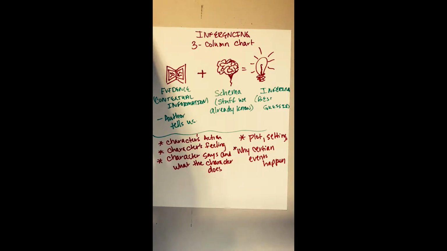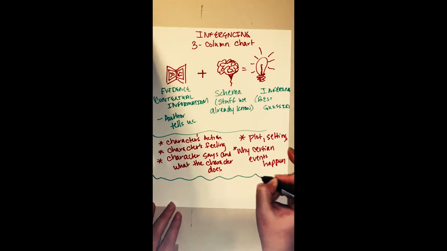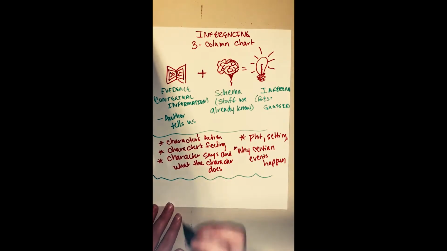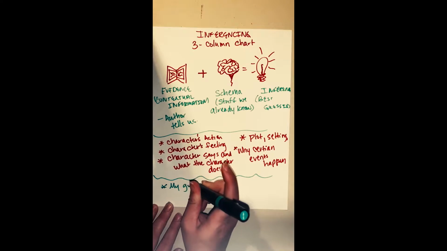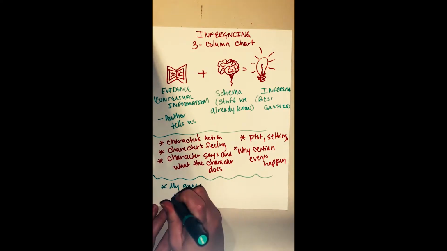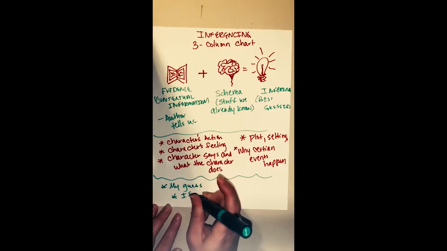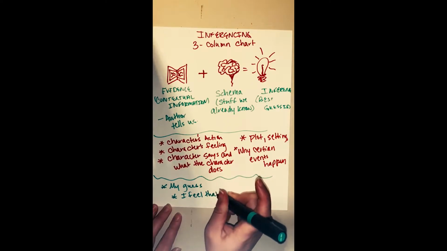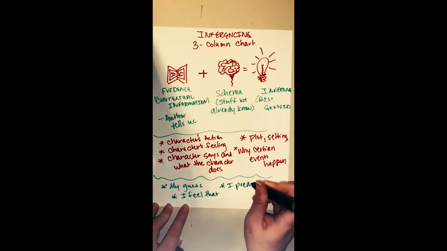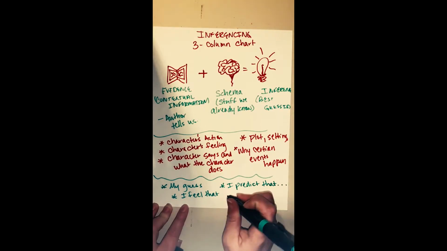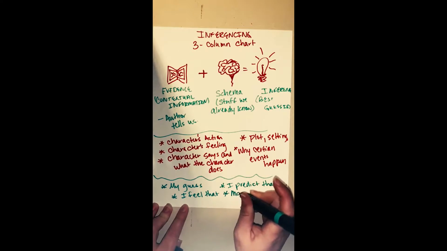When we start talking about how we phrase these inferences, what does it look like? We are looking for our thinking stems. And our thinking stems are going to be things like my guess is, or I feel that, or I predict that, or even maybe.